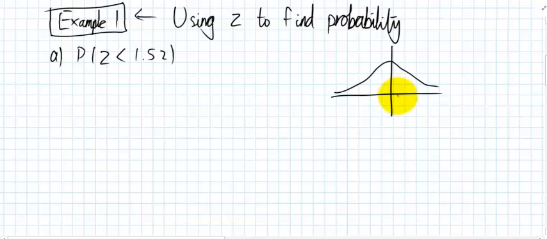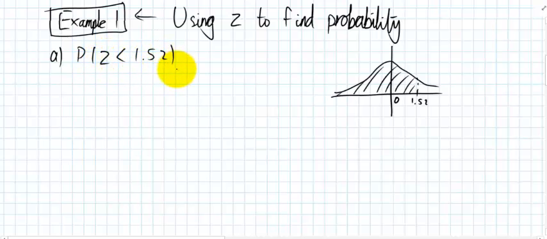Remember, the standard normal distribution has mean 0, so 1.52 will be to the right, and you want the probability less than 1.52, so this is the area that we need to work out. Now, is this in a less than positive form? Yes, it is.